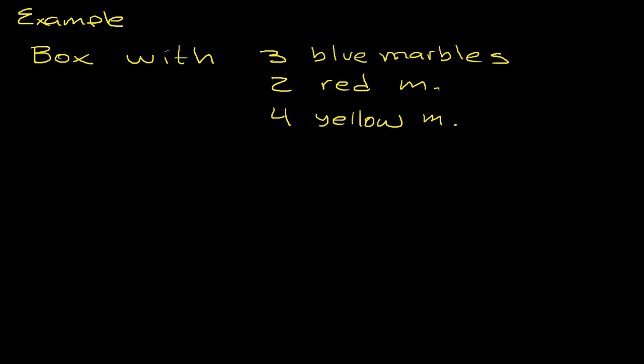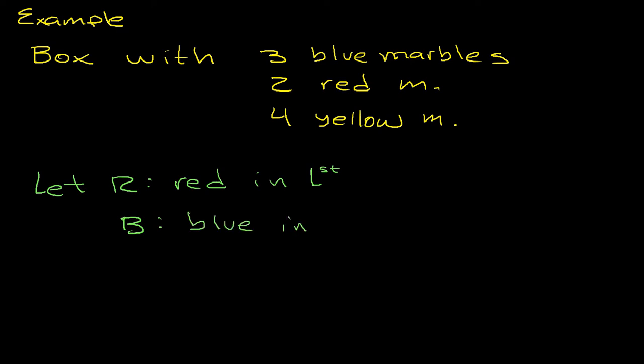So let's define two events. Let R be the event of having a red marble in the first drawing of the marbles, and let B be the event of having a blue marble in the second drawing of the marbles.